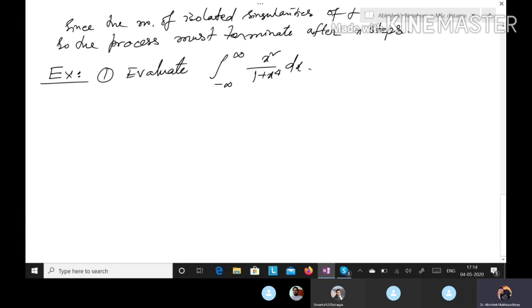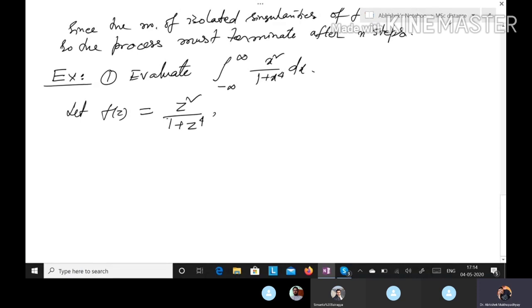So let us first consider, let f(z) be 1 over z squared plus 1 plus z to the power 4. That is, we are considering this function as a complex function, and it is defined on the set of all those complex numbers except the roots of this equation.